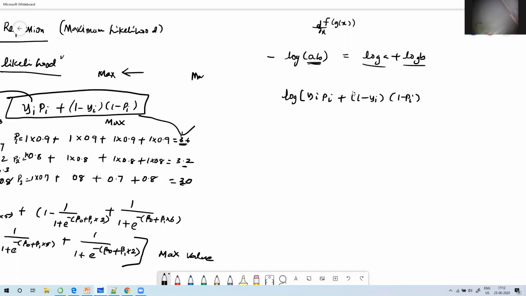Second, maximization is always a problem. Minimization is easier, so we don't want to maximize this. If we put a negative before this entire equation, this becomes the negative log likelihood, which is used as the cost function in logistic regression.